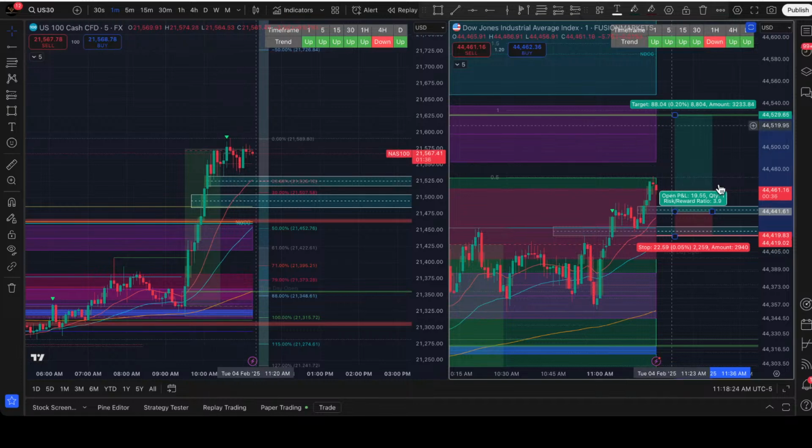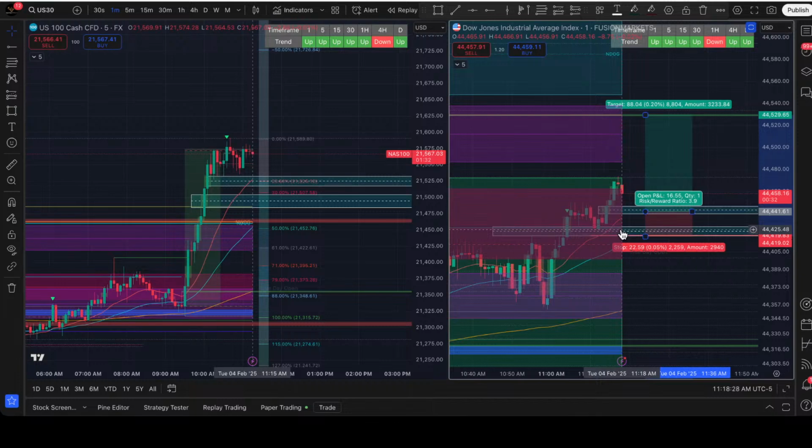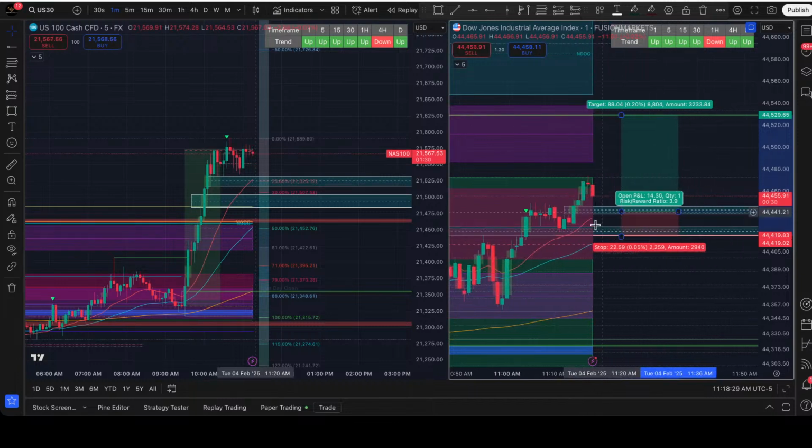One standard deviation, 3.9. I'd like to see it tap that 20 this time around, maybe. That's what we're interested in.